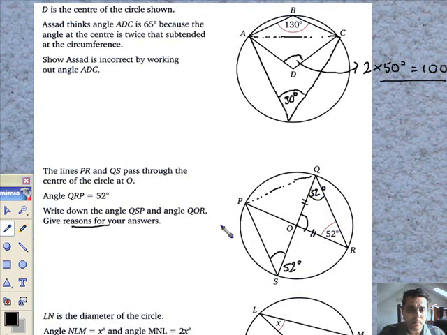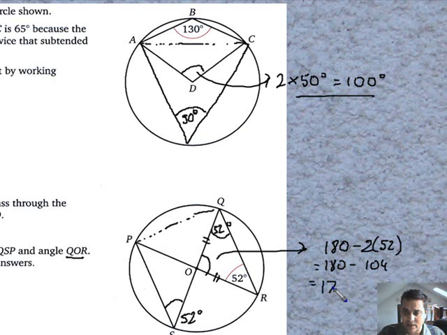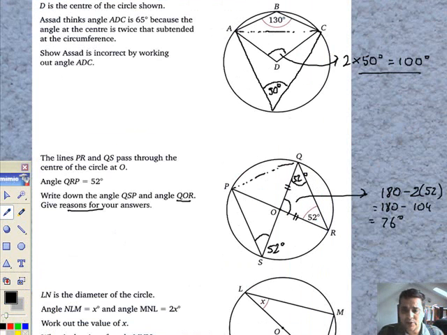Therefore I can work out angle QOR. I've got 180, take away 2 lots of the 52, because it's an isosceles triangle, 180, take away 104, and that's going to give me, no, I was right before, 76 degrees. What's wrong with me? I'm tired. 76 degrees, so QOR is 76 degrees.